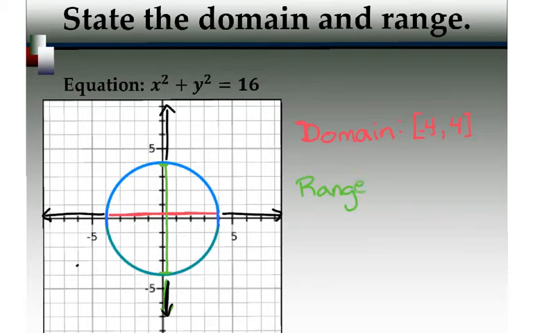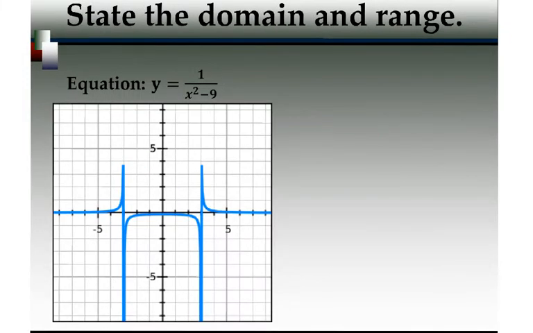So state that. Range, again, from -4 to 4. For this function, the domain and range are a bit more difficult to state because we have something called vertical and horizontal asymptotes.